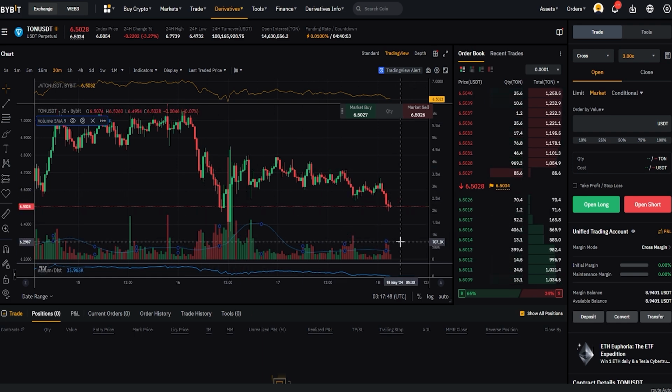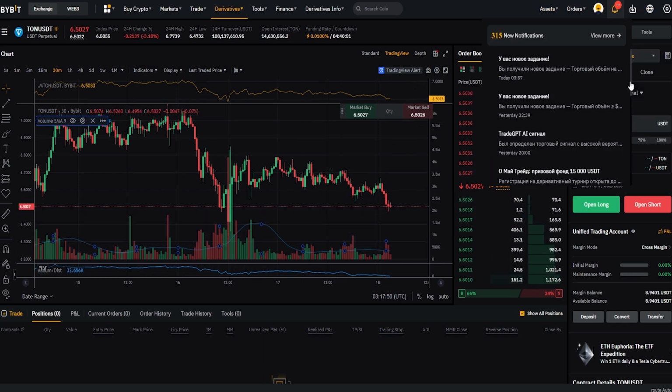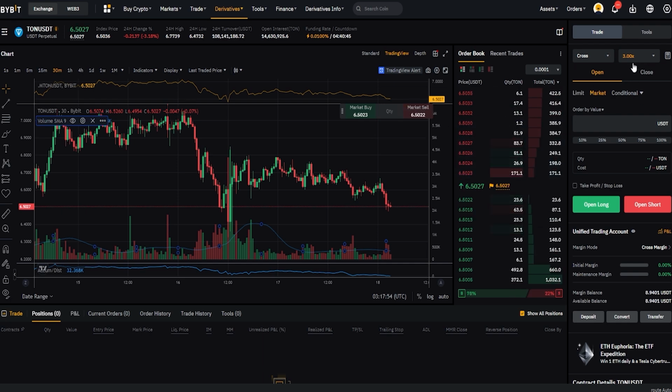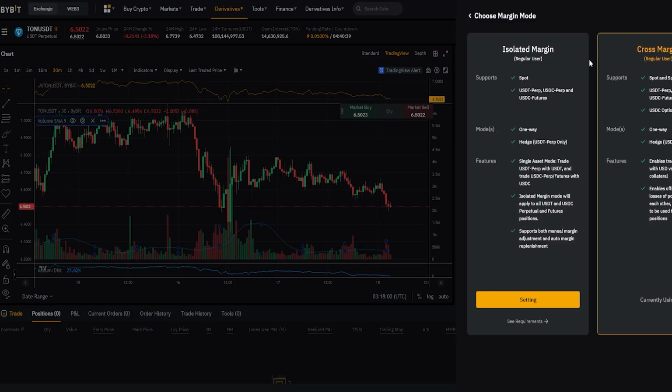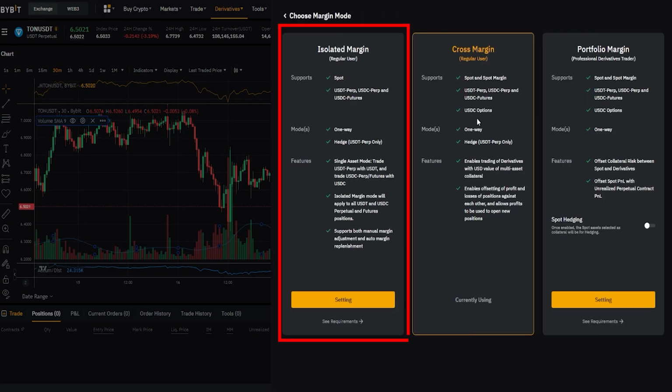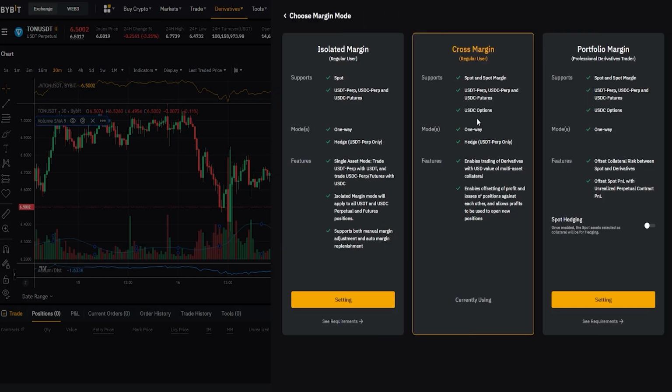So, before we start leverage trading, we need to determine one of the most important parameters, which is, of course, the margin. We click on the button Cross, and here we select isolated margin. If you are a beginner, I advise you to use isolated margin, because when we use isolated margin, our trade uses only the amount that we put into the trade, i.e., our balance does not participate in the margin.